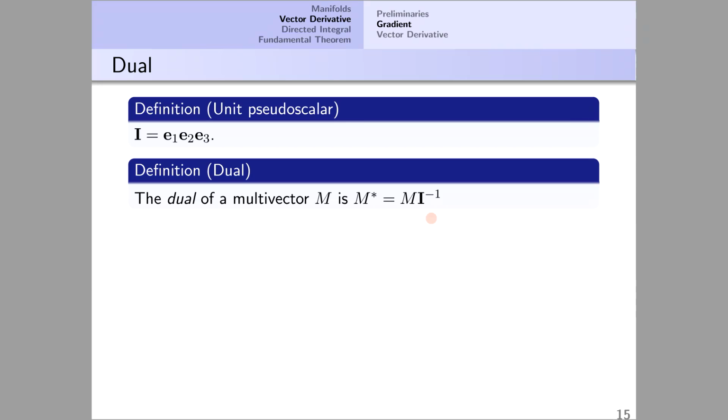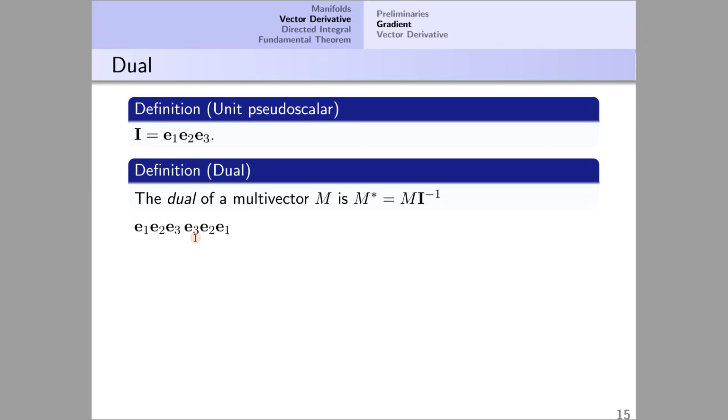This I inverse is easy to come by, as I now show. Here's the unit pseudoscalar for R3, and here are the members of the unit pseudoscalar, but given in reverse. Let's multiply them.